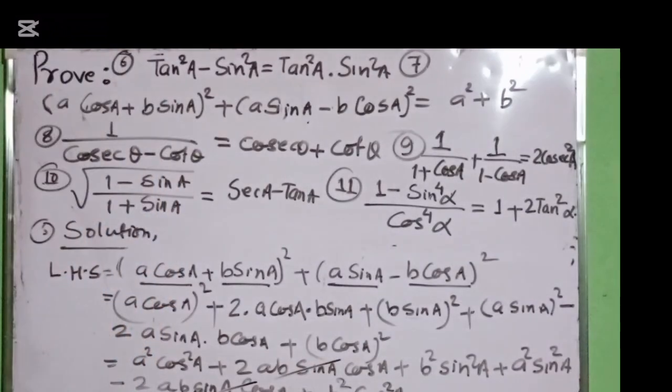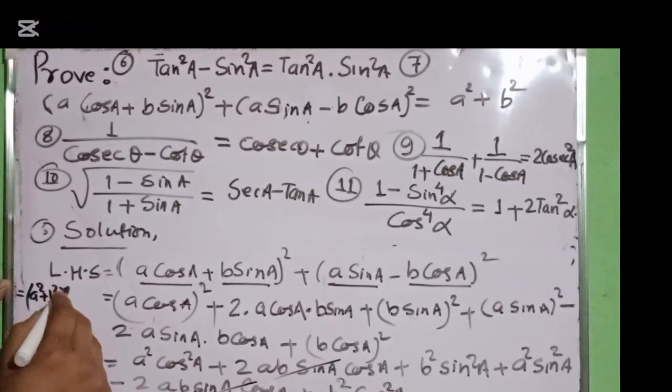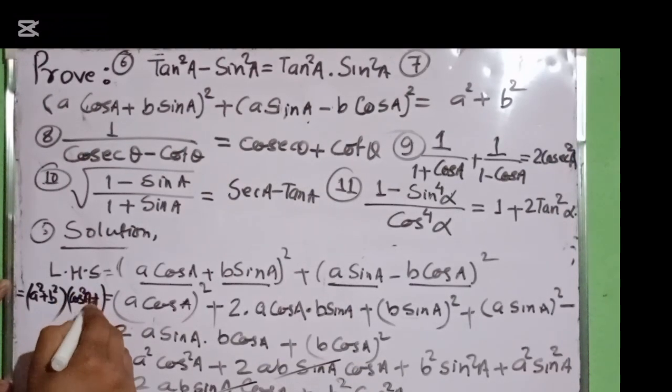Now after this, what to do? Look here, children, a square plus b square is common. We can take a square plus b square common, and what is left is put in bracket: cos square a plus sin square a.